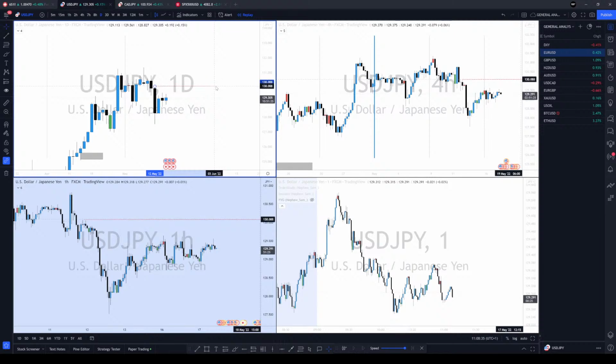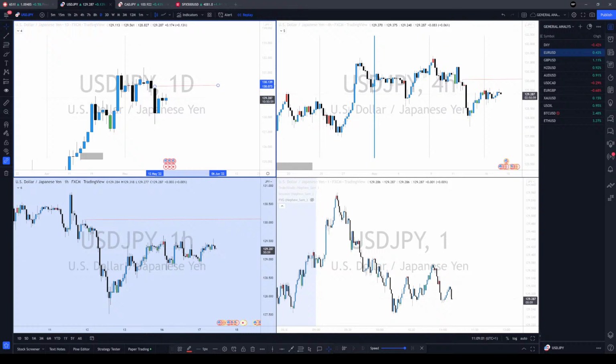A website that can help you with this is Finviz. If you go to that website, Finviz, and you go to Forex, and then on Forex you go to performance, right?